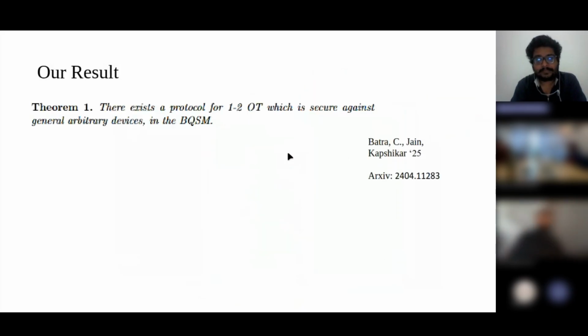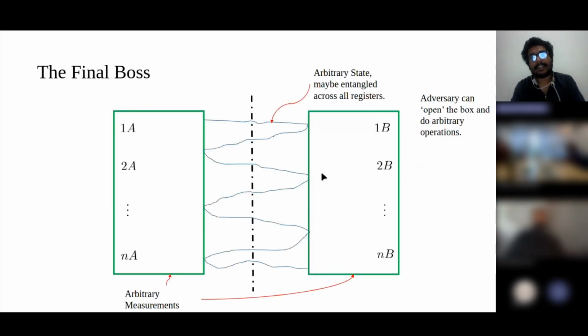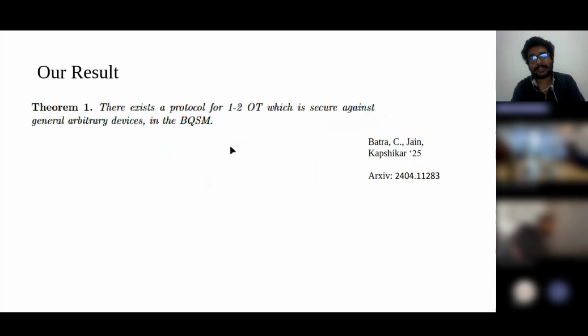And I'm happy to report that one is able to do this, and this is our theorem, that even in this setting, even against this monster, you can design a protocol for 1 of 2 OT, which is secure against general arbitrary devices, assuming the BQSM model. This is our result.